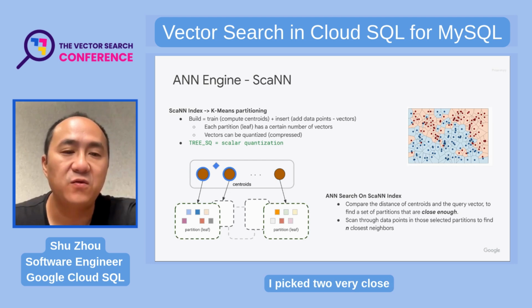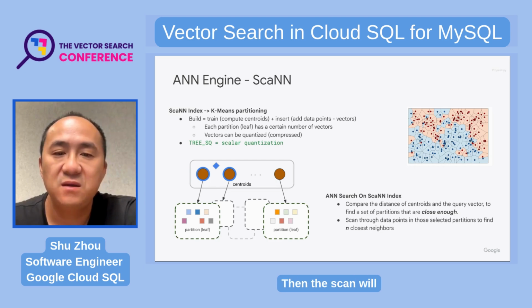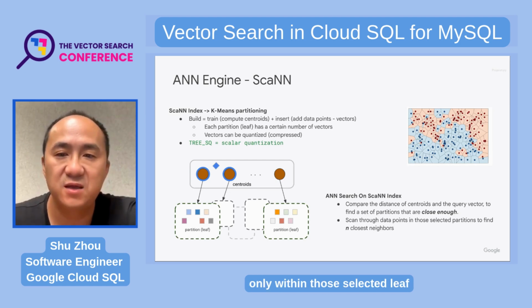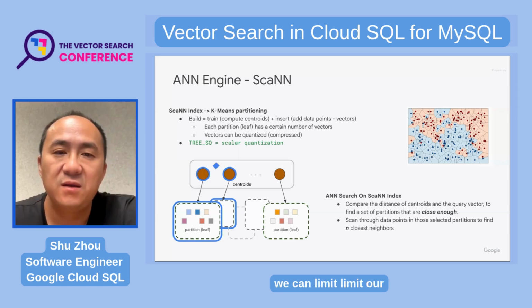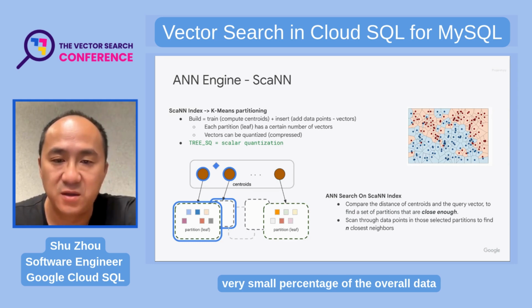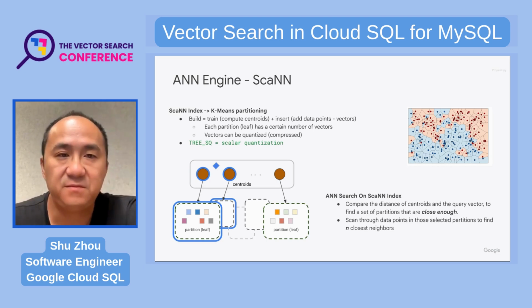Okay, I picked two very close centroids. Then Scan will search all the data points only within those selected leaf partitions. Therefore, we can limit our search range to a very, very small percentage of the overall data set. And that makes Scan that fast.